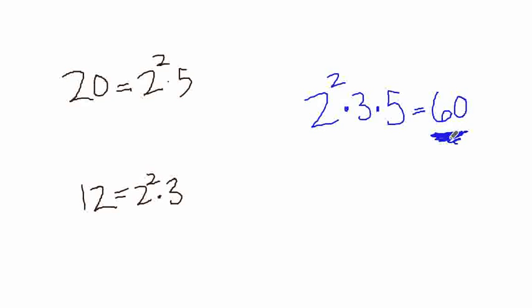Let's do one more example. So what about if we had the big numbers 112 and 46? That looks like a job to get the least common multiple of those big numbers, right? Well, we're going to use our trick to make it somewhat easier.